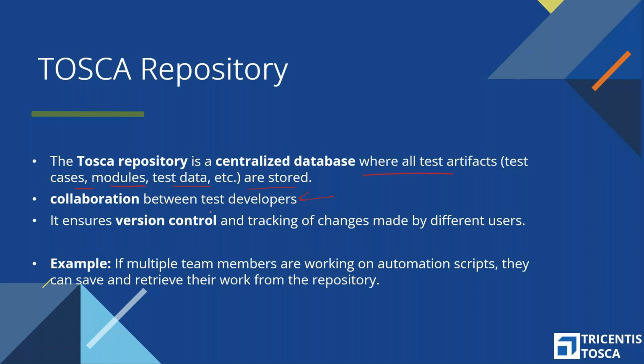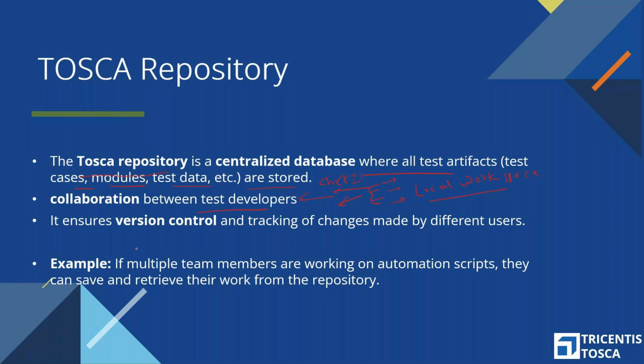What does that mean? There are multiple automation testers, multiple automation QAs, creating artifacts in their local workspace, where they are stored. Once they are done with their ongoing activity, they do a check-in all, and everything gets dumped into the Tosca repository, or Tosca database.